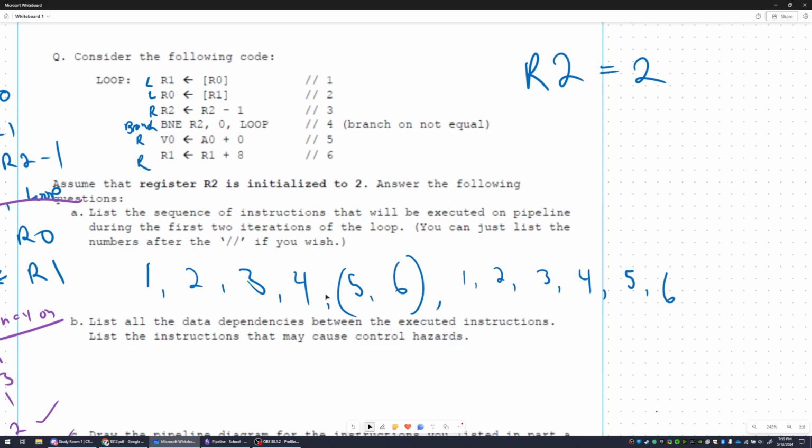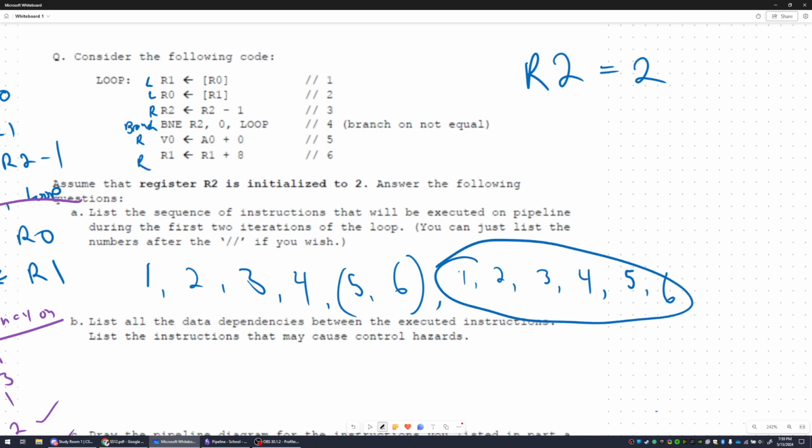So you just trace the code, and since it's pipeline, for the branch there's no branch prediction, so you just bring the next two lines of code anyway. These will get flushed later because this branch in particular will actually end up taking the loop, and that's why you have all these running again. So this 5 and 6, I just put in parentheses just because Vivek did too, to symbolize that they're getting flushed, but they're still executed.